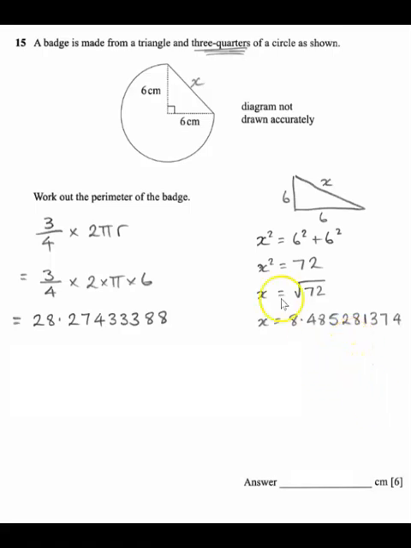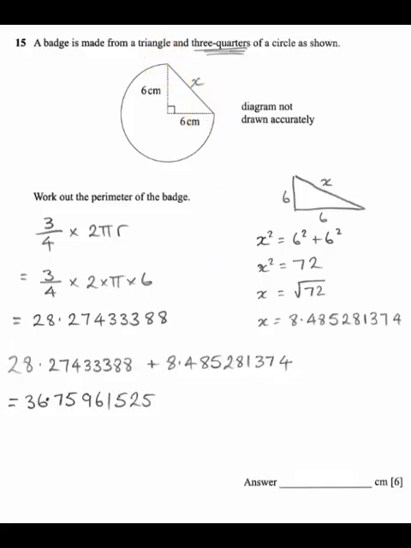So to find out the perimeter, this length here is the curved length of the shape, and this length here with 8.48 and so on is the length of the straight edge. So all we do is add these two together to get the whole perimeter of that shape, and I've rounded that down to 36.76.